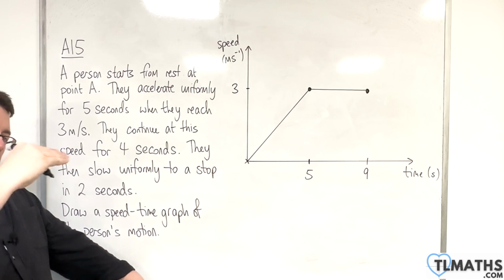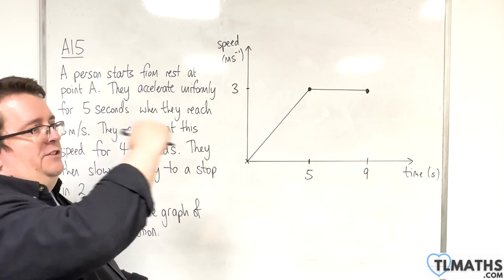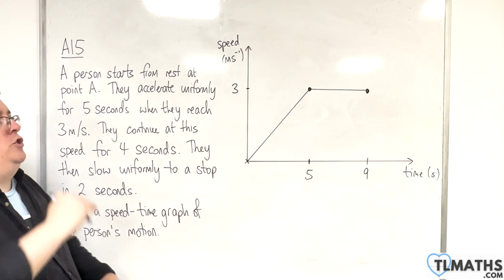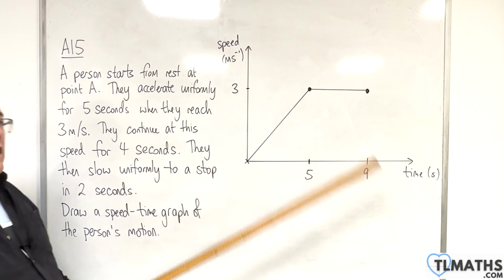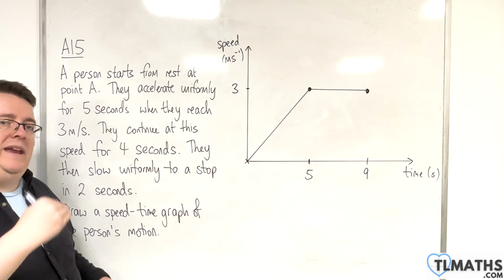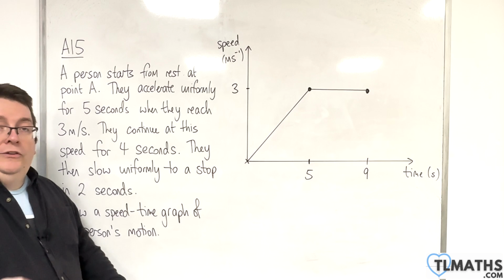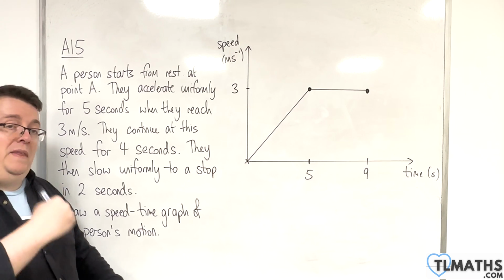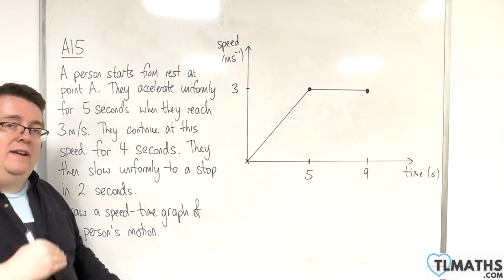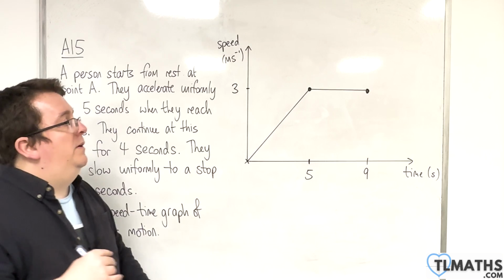Once you've done distance displacement time graphs, you're looking at those horizontal sections like this, and you're thinking, oh, that means that we're not going anywhere, right? So for displacement or distance time graphs, that's what that means. You're not travelling anywhere for that period of time.